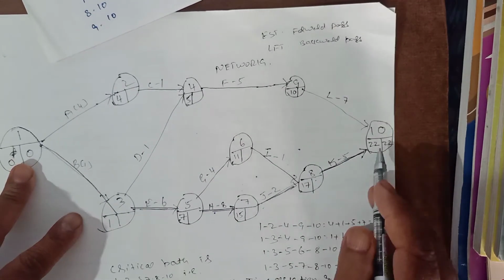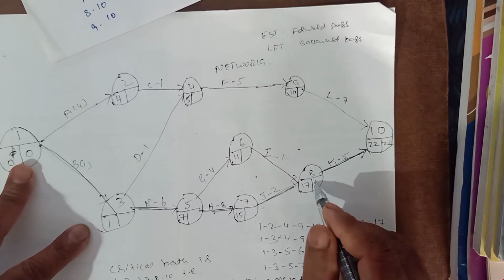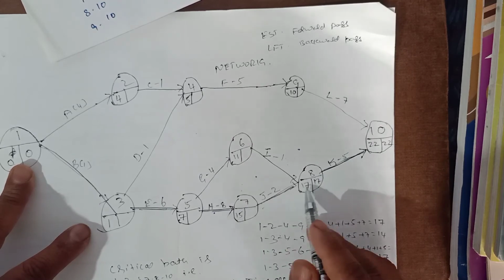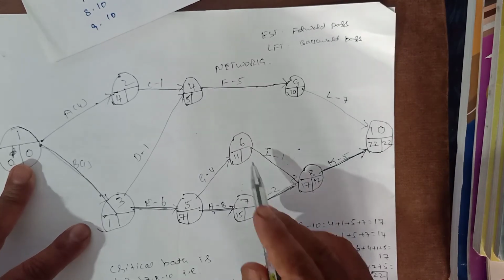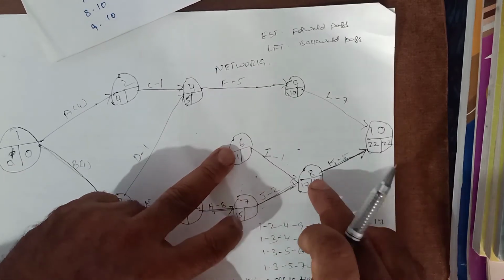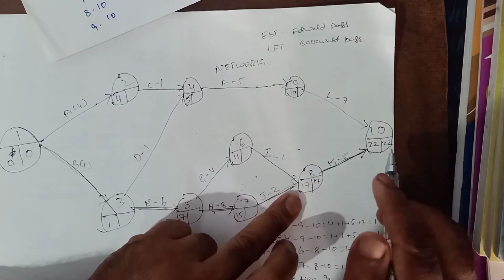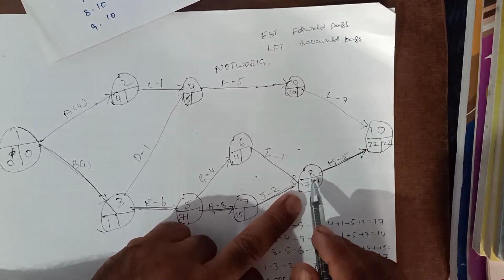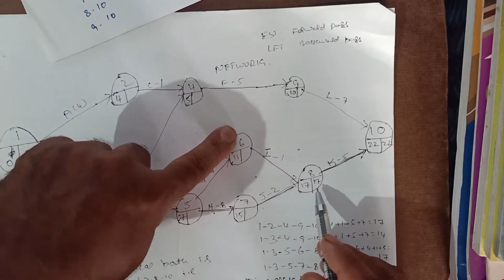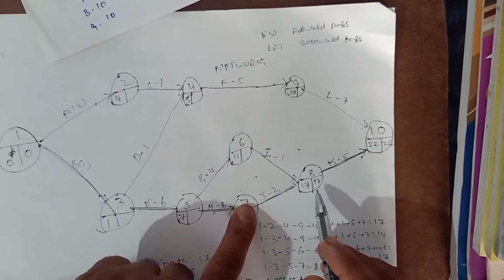So let us verify this. 22 minus 5 is equal to 17. This is the latest finish time of this activity. This is the finishing of this activity, not activity 10. Activity 8 will finish at 22. This 17 is the completion time, the latest finish time of activity 6 and activity 7.